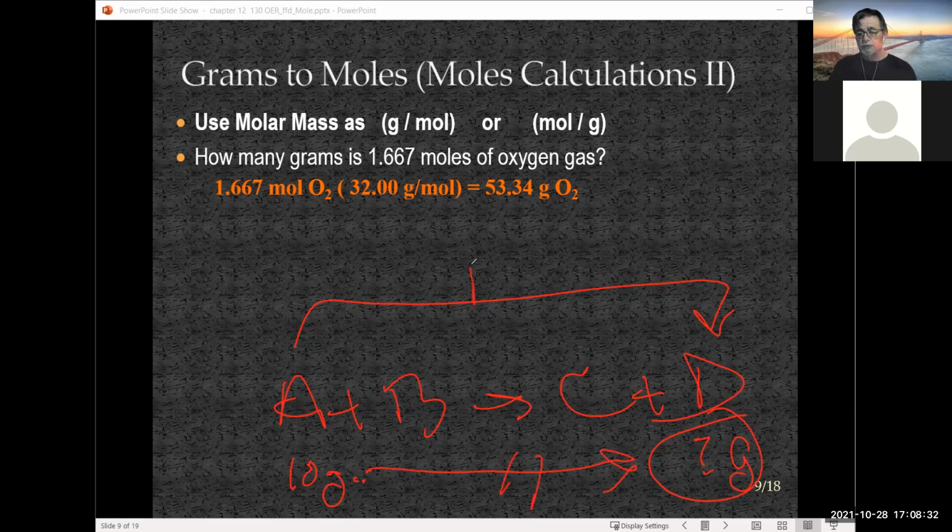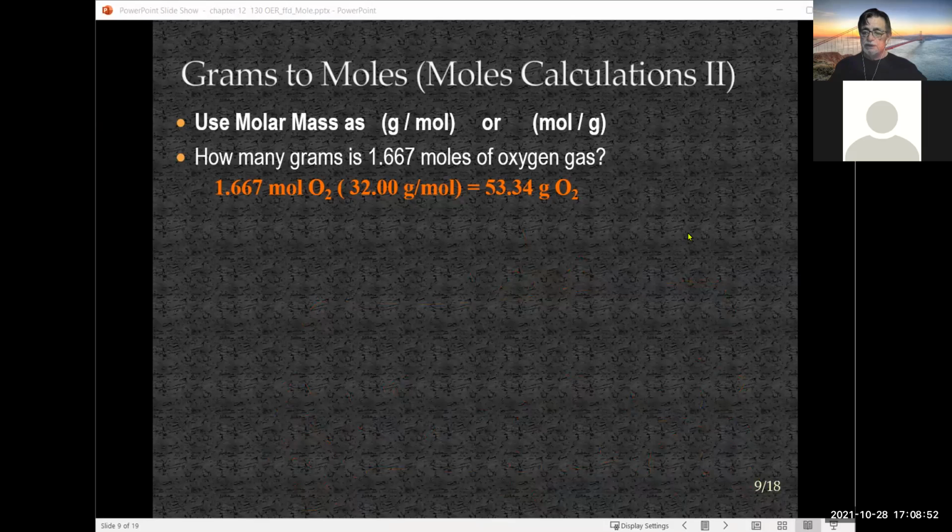I have to go through moles. I need to convert my grams of A to moles of A, and then from moles of A, I get to moles of D, which then gets me to grams. So our common factor is moles. So we need to really understand that concept.